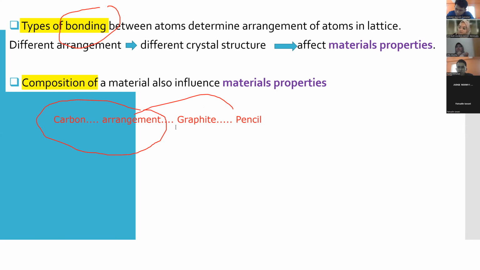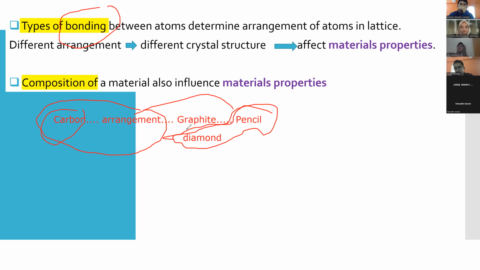Carbon can also make an arrangement to become diamond. Pencil and diamond are both composed of carbon. But why, with the same element carbon, is one of them a pencil and one of them a diamond?